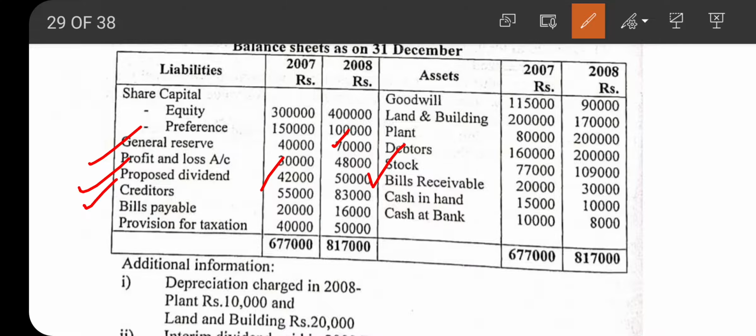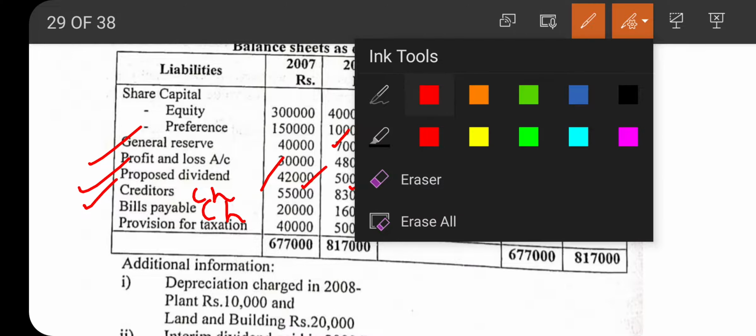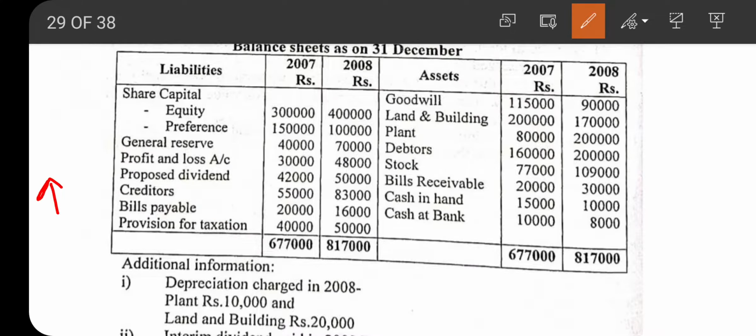Then creditors, which is a current liability. Bills payable is also a current liability. For creditors, opening balance is 55,000, closing balance is 83,000. So there is an increase in the current liability. For bills payable, opening balance is 20,000, closing balance is 16,000.